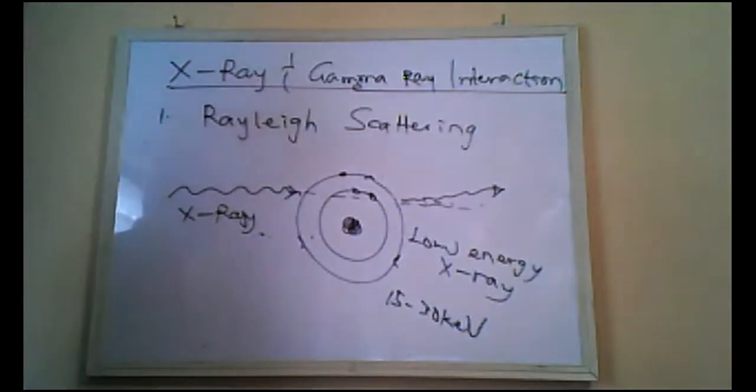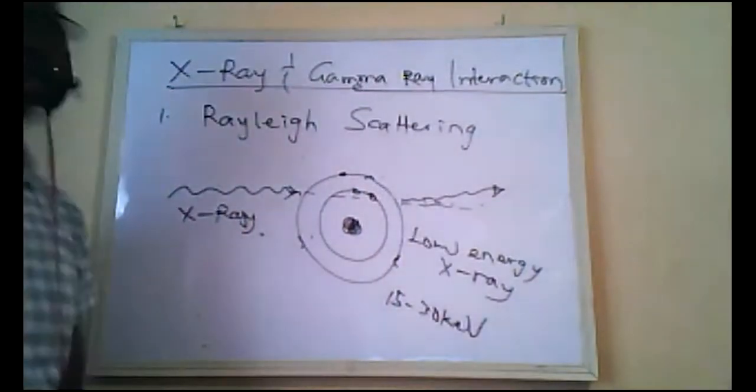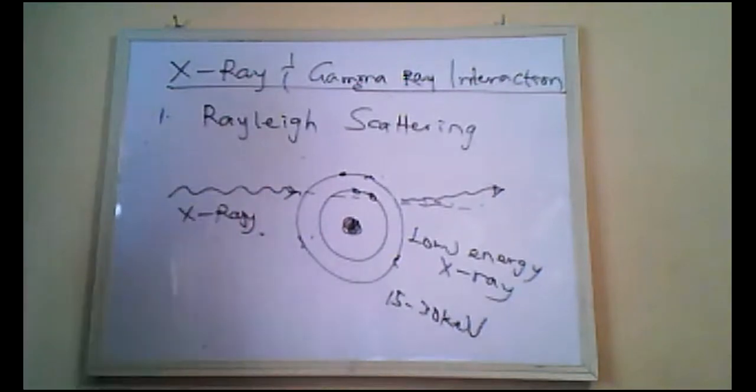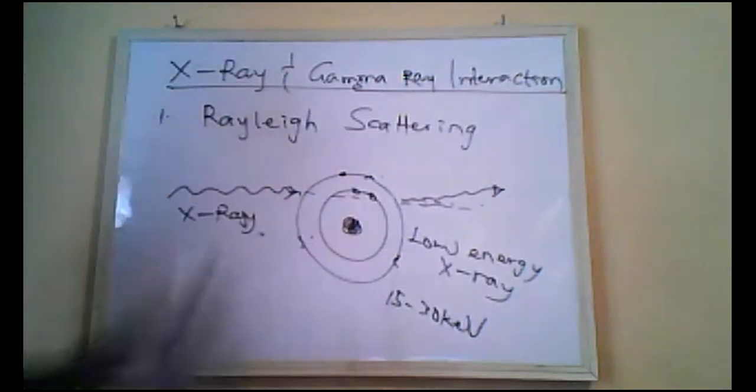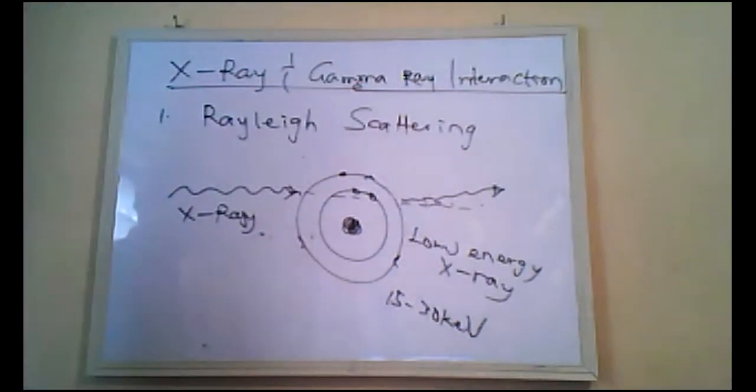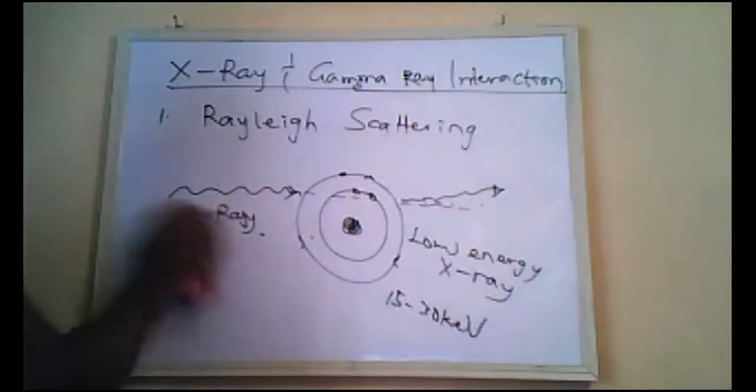When we are looking at low energy X-ray, a substantial amount of scattering will be as a result of Rayleigh scattering. So that is it about this. We just know that this happens with low energy X-ray.